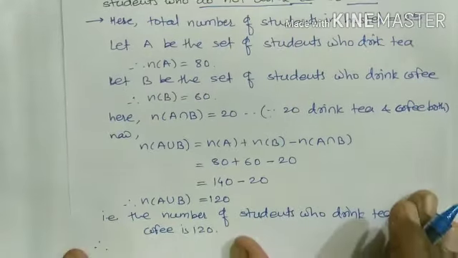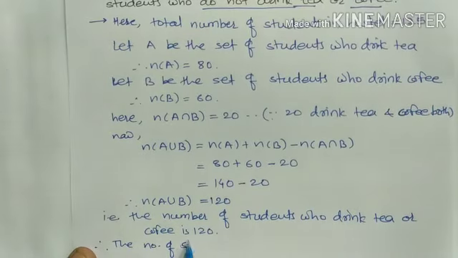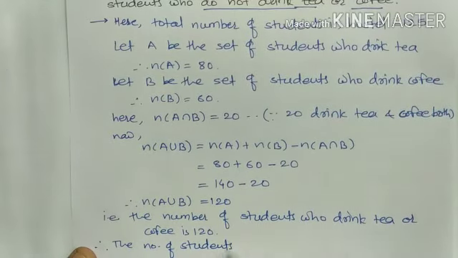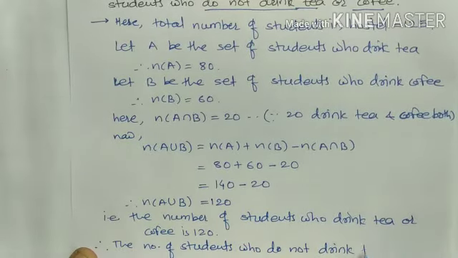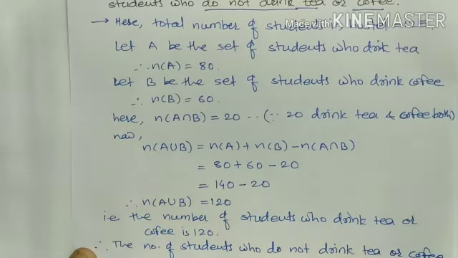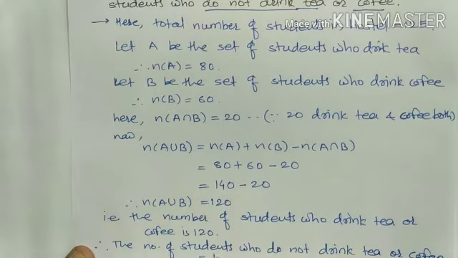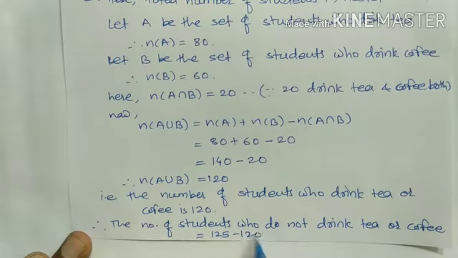Therefore, the number of students who do not drink tea or coffee equals total number of students 125 minus 120 equals 5. Now we can write the answer.